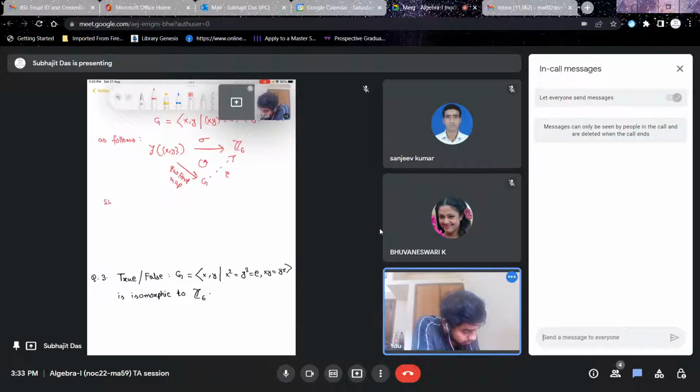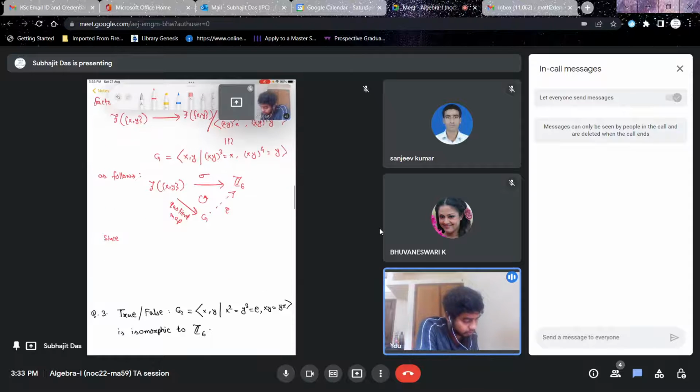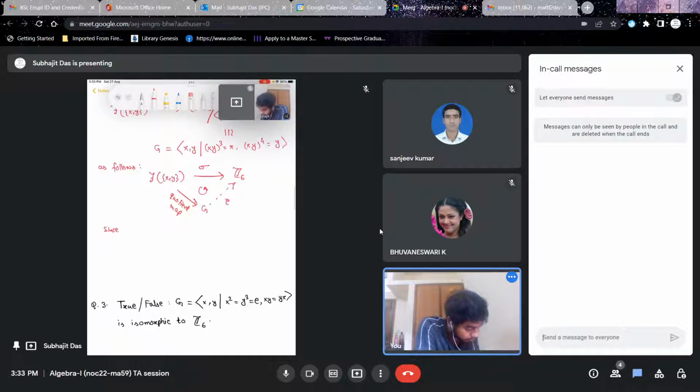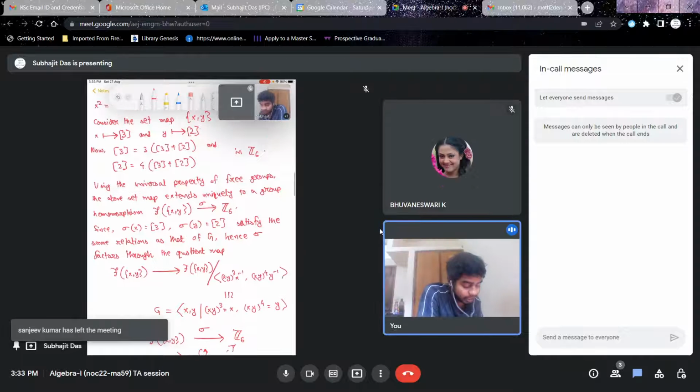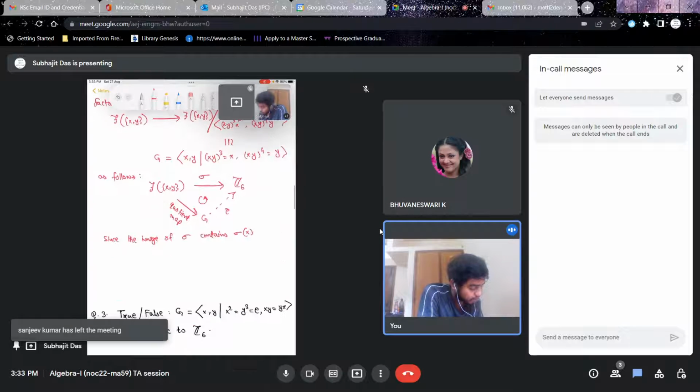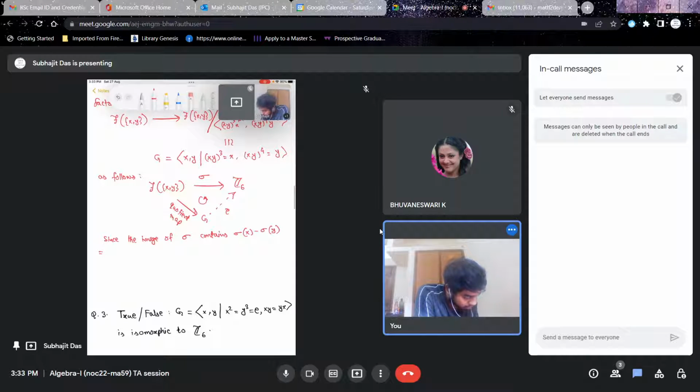Now since the image of sigma contains the element sigma(x) minus sigma(y), where I have taken x to be 3 here, which is 3 minus 2, which is 1.